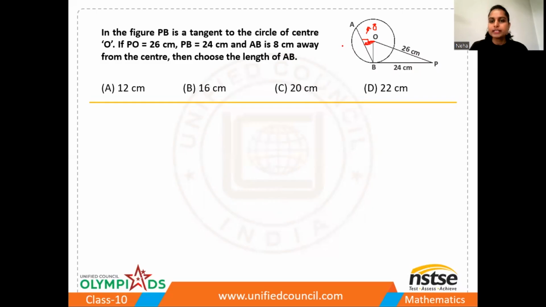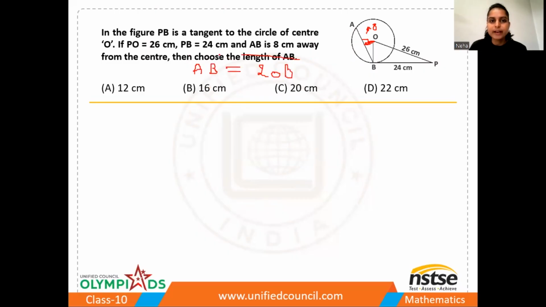So I can say that angle in the triangle. What I have to do here is find out this length AB. Basically this length AB is nothing but twice of OB, right?